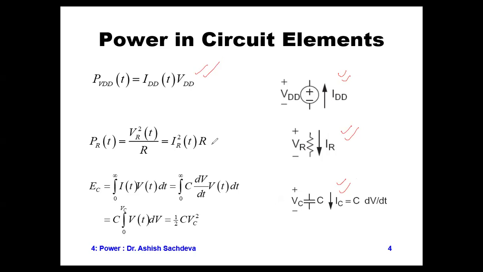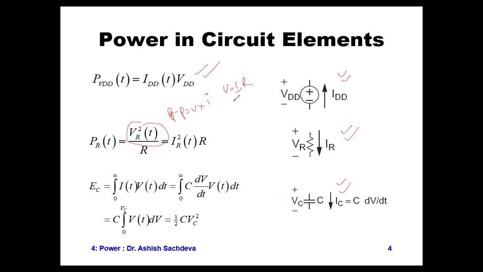Then your power consumption formula for resistance: if you talk about voltage, P is equal to V cross I, and V is equal to IR, right?